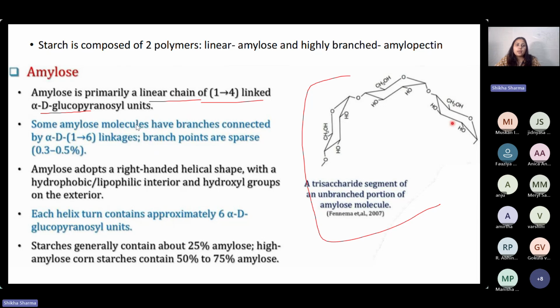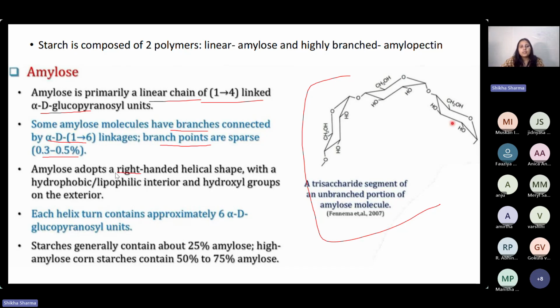Some amylose molecules have branches connected by alpha D 1,6 linkage. The branch points are very few, around 0.3 to 0.5%. Usually these amylose molecules are linear in nature, not branched.